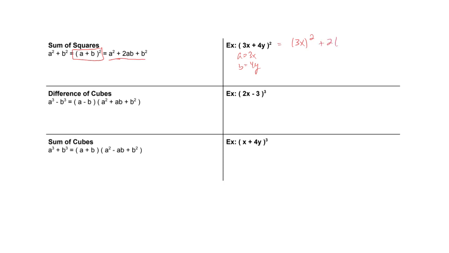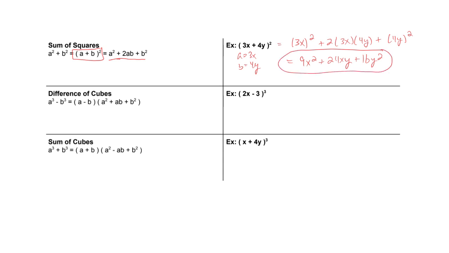Plus 2 times a, 3x, times b, 4y, plus b squared, 4y squared. So we get 9x squared. 2 times 3 is 6, times 4 is 24, xy, plus 16y squared.